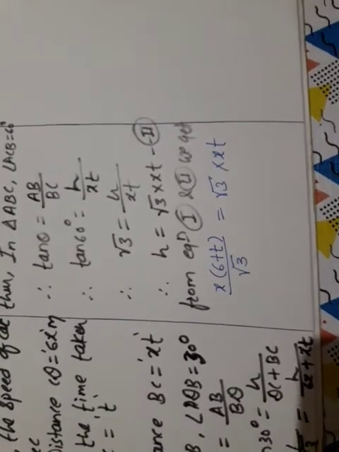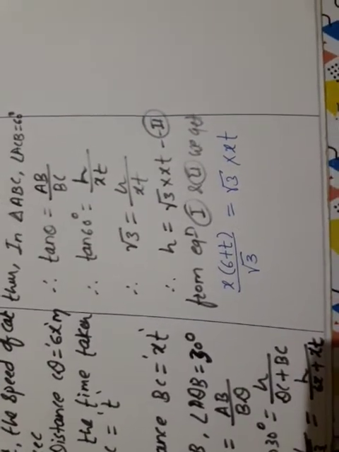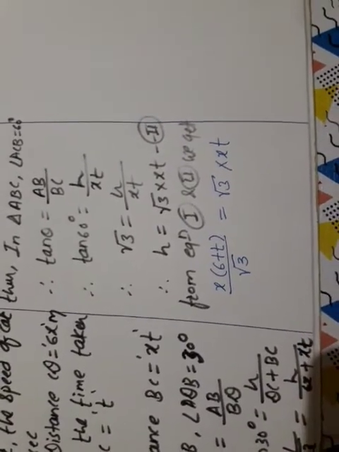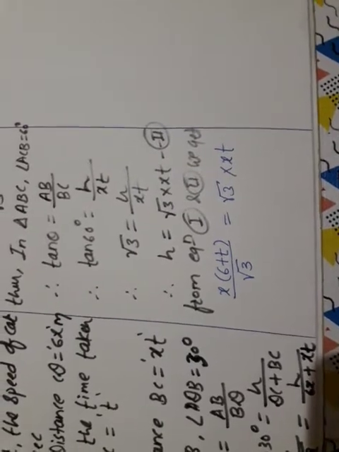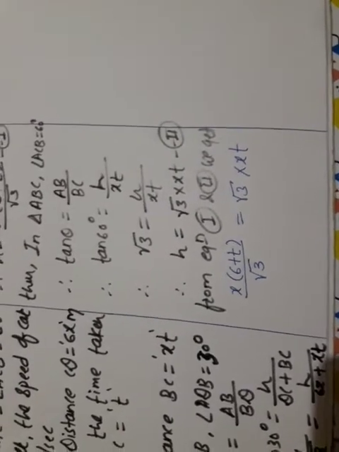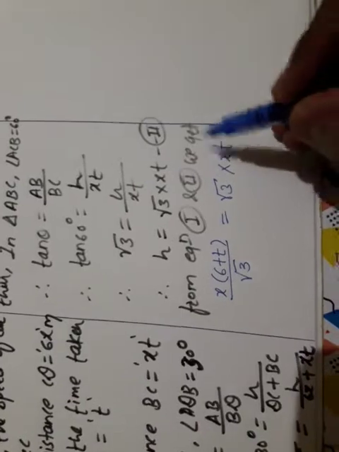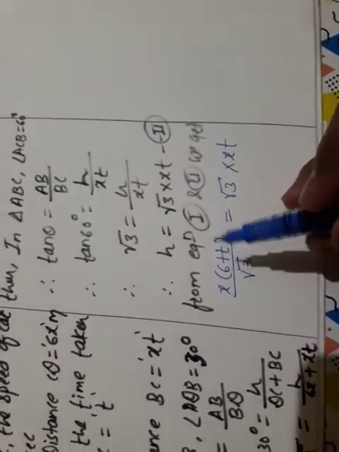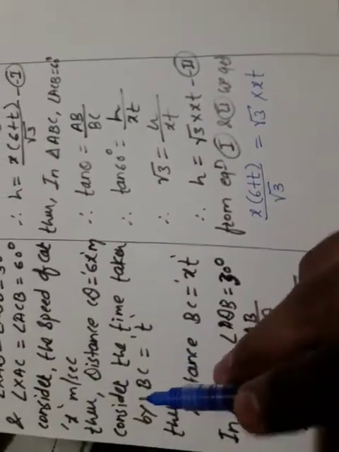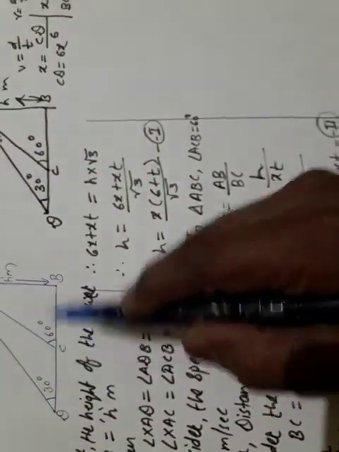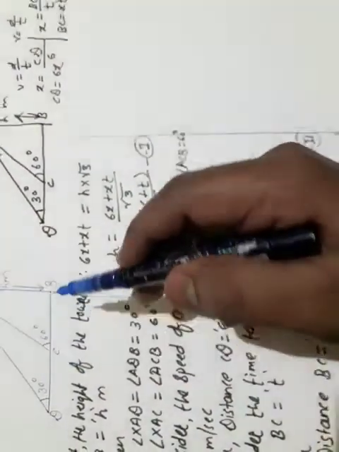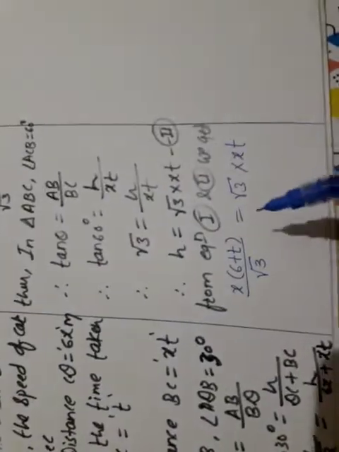Understood? Now we have to find the value of t. This t is nothing but the time taken by BC. BC means going from this point to this point, how much time was taken? It took t, so we can get t now.